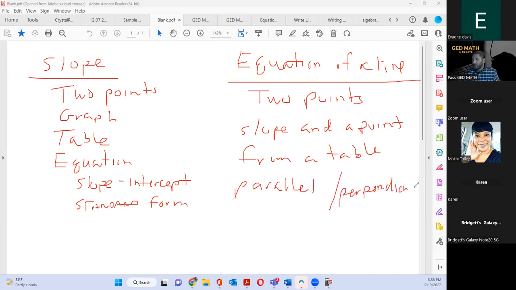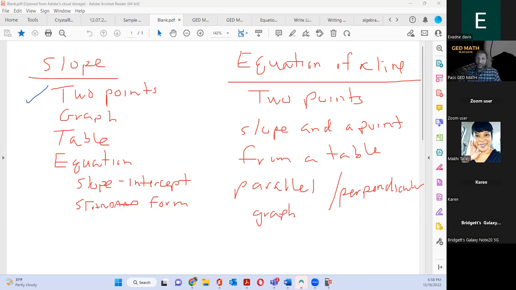Listen, I need you to understand, this is guaranteed on your exam. Oh, equation of a line from a graph too. I forgot graph.